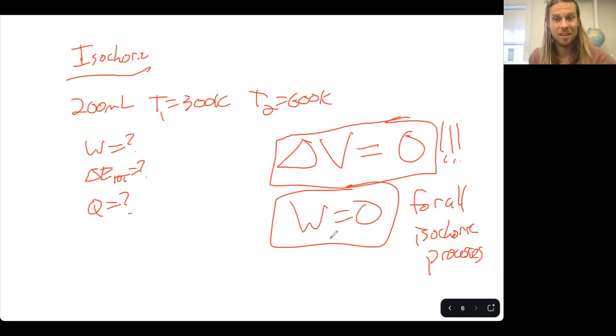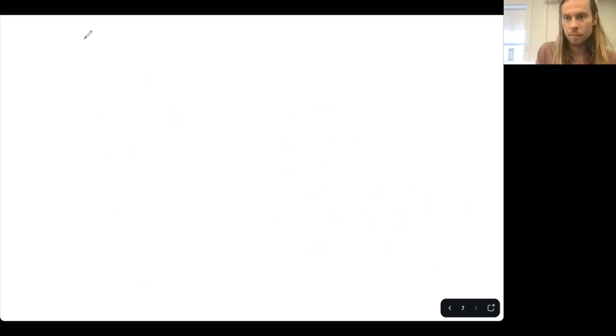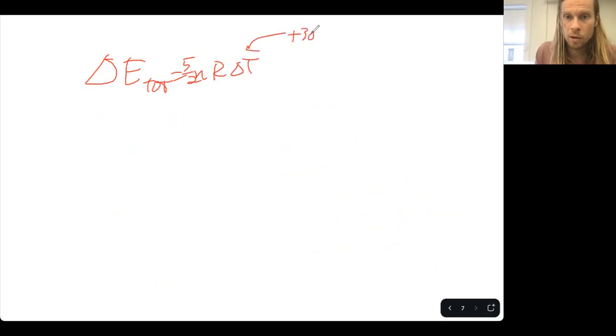That is so good. And therefore, the change in E total is just from heat, which is nice. So in this example, we had delta E total equals 5 halves nR delta T, where the delta T was positive 300 Kelvin, n was like 0.008, something.